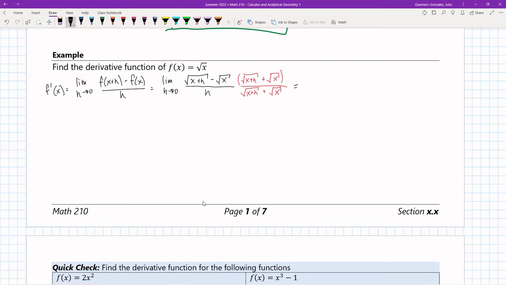If I do that properly, there's going to be a bunch of stuff that happens, and this is going to reduce down to x plus h minus x over h times the square root of x plus h plus the square root of x.